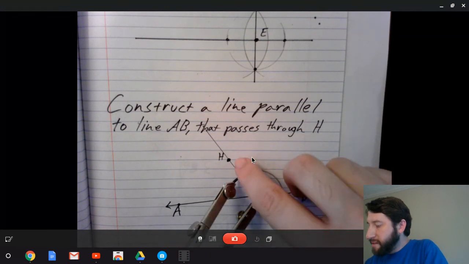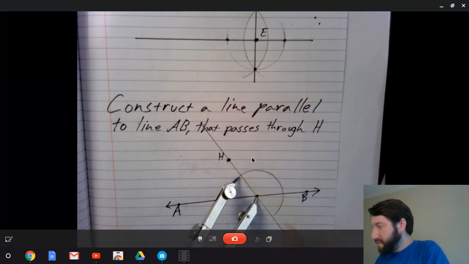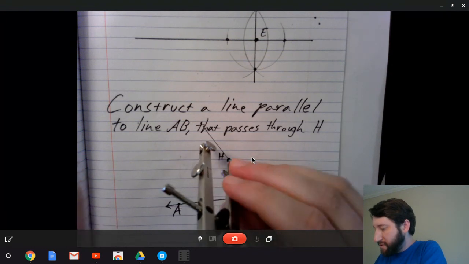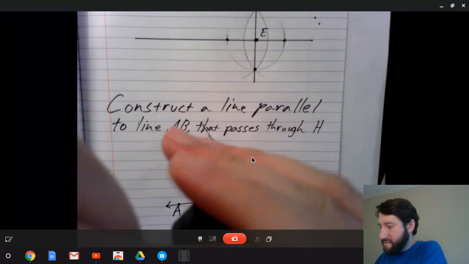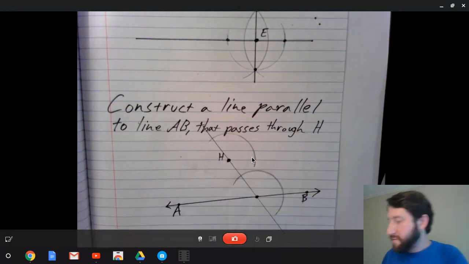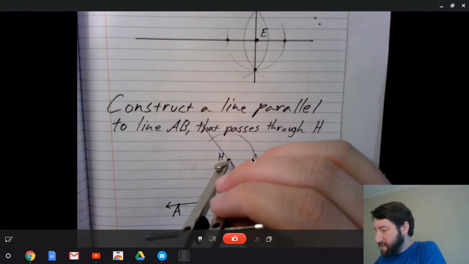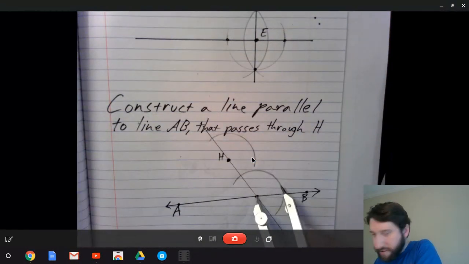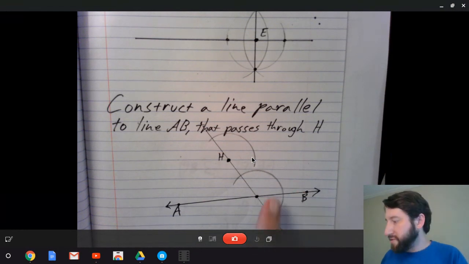I'm going to make the same size arc on this point. So I'm going to try and center it the best that I can. Okay. So I have two arcs. They're the same distance away. This is the same distance from this one. Okay, so two arcs the same distance away.